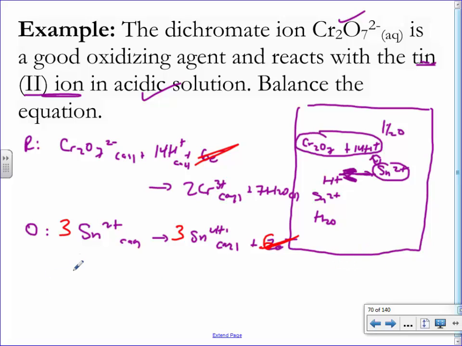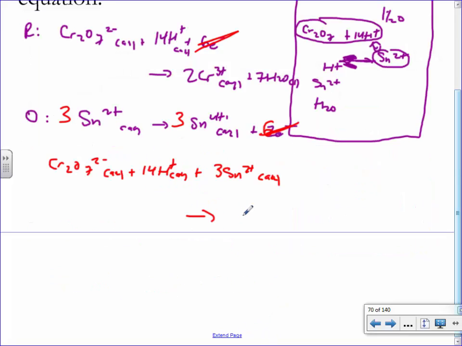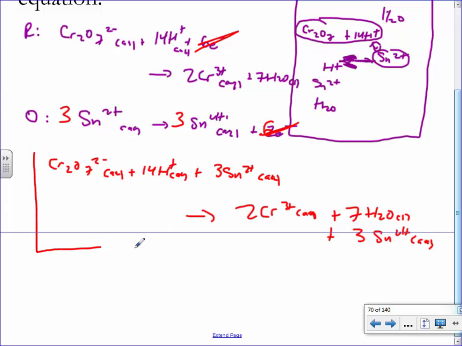So here's your final equation: Cr2O7 2- aqueous plus 14 hydrogens aqueous plus 3 tin 2+ aqueous turns into 2 chromium 3+, 7 waters, and 3 tin 4+. That's your equation.